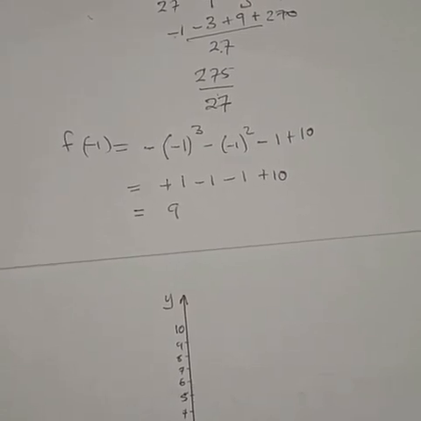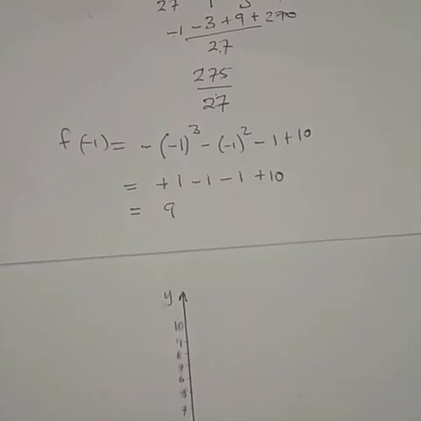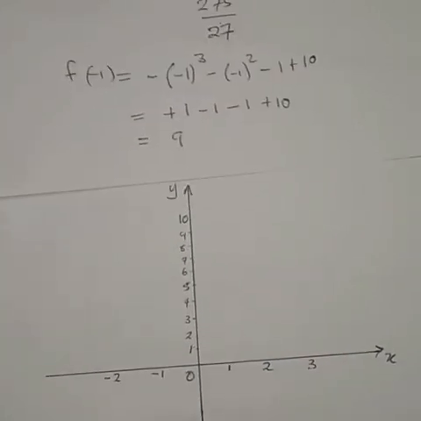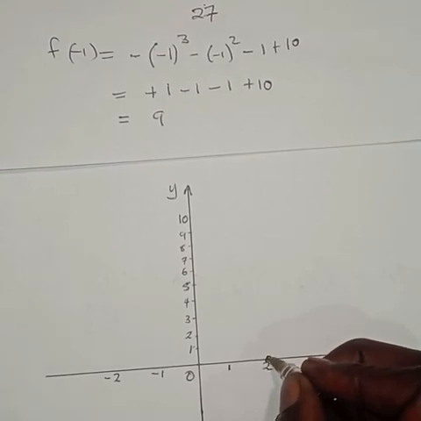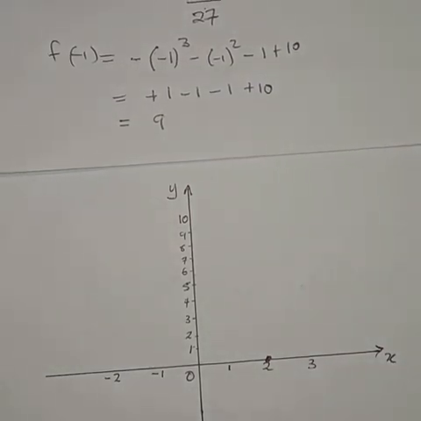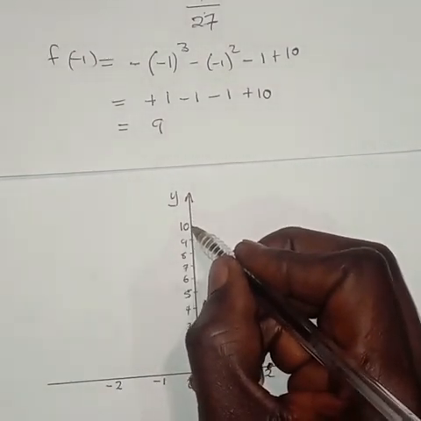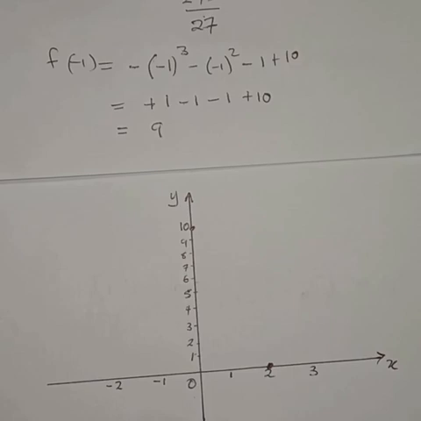Now let's just put all the points there. I have the x-intercept. You remember earlier on we said the x-intercept is actually a 2. The graph is surely going to pass this 2. And the y-intercept in the first question was a 10. So it will pass there as well.